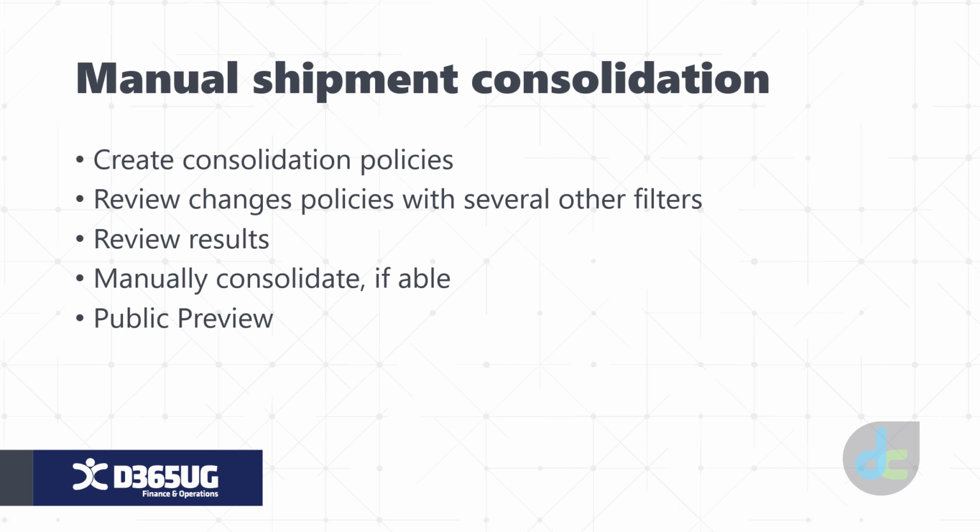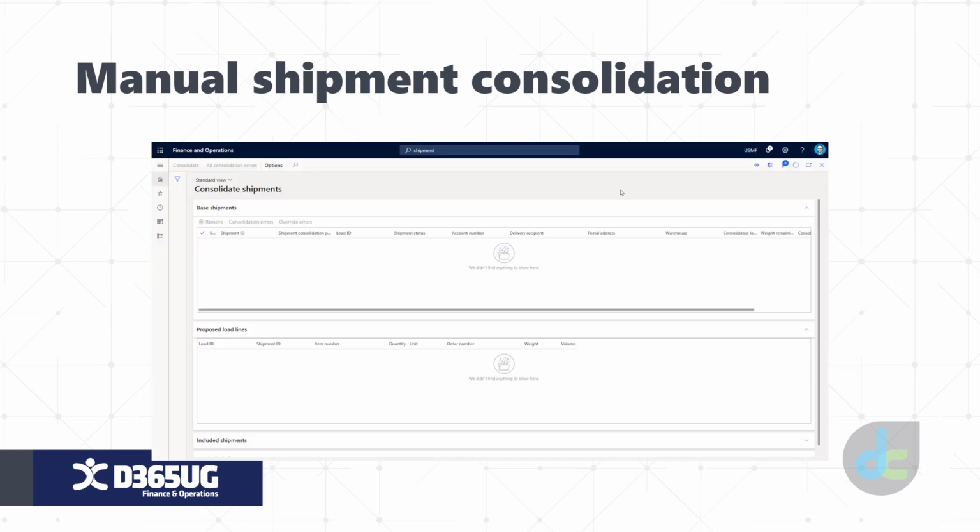So this would have the system consolidate for you, and if you don't like the consolidation it generates, you can manually consolidate if you're able. Since this is a time-driven requirement, some shipments would get consolidated when released to the warehouse. However, you couldn't consolidate some if, let's say, they're already at the dock. And lastly, this one is in public preview.